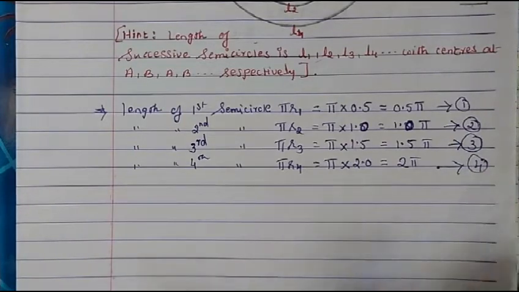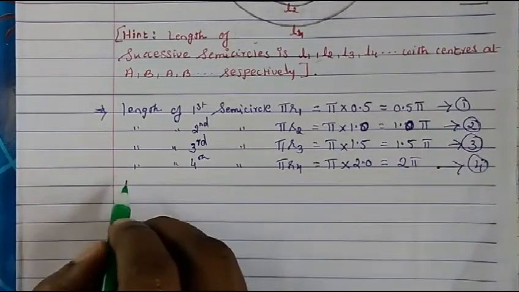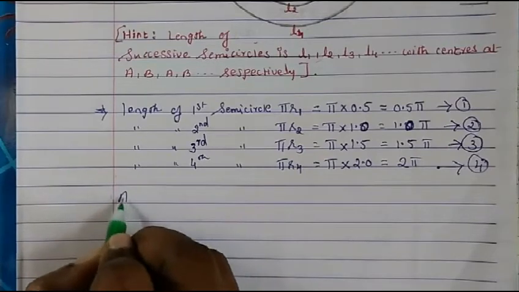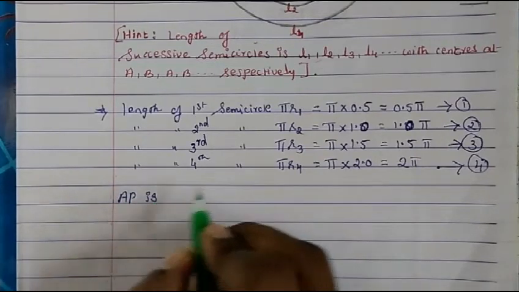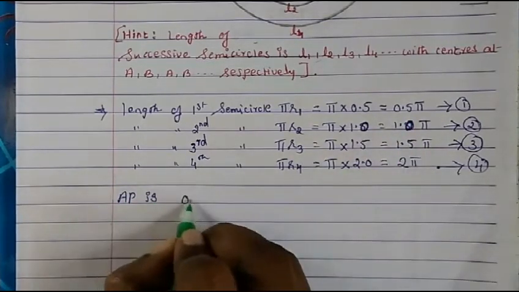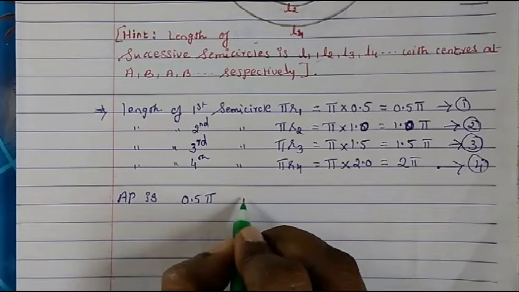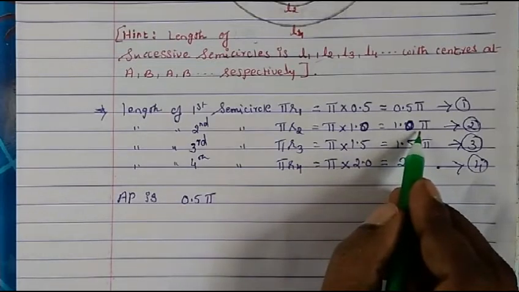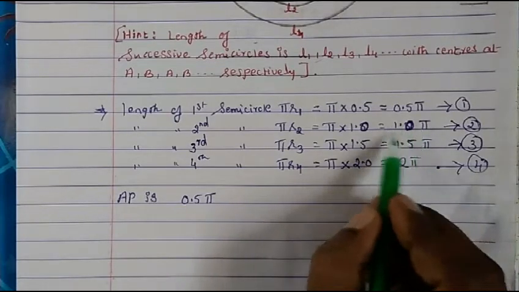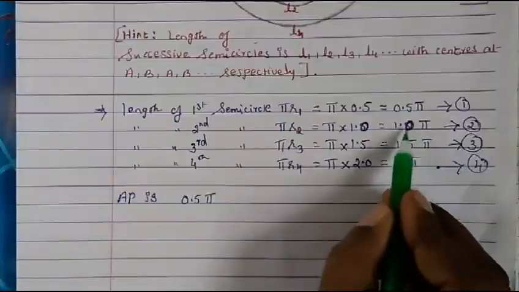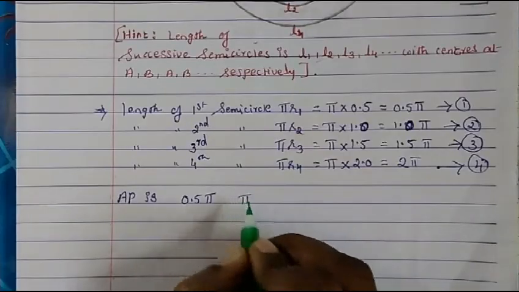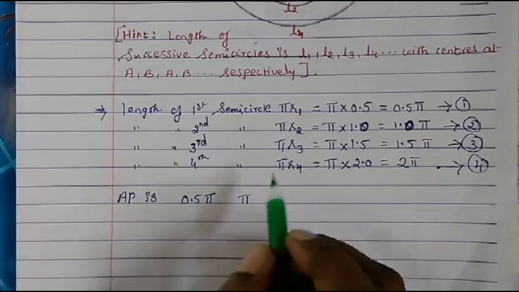Okay, so now we form an AP. Our AP is: first we got 0.5 pi, then second we got 1.0 pi. 1.0 means 1, so you can write pi or 1 pi, it is okay.